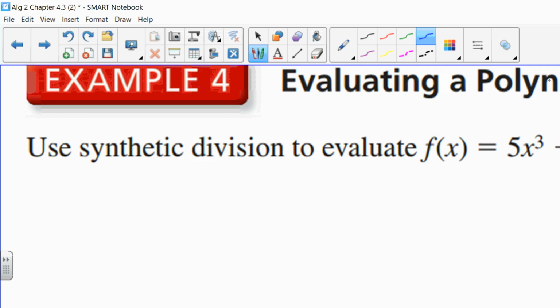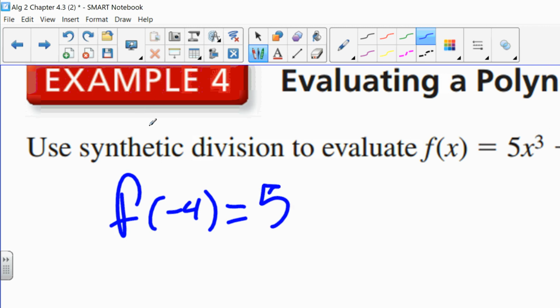All right, guys, one last thing we're going to look at, and that is evaluating a polynomial using synthetic division. This is the last thing we're going to look at today. When we talked about evaluating a polynomial, let's focus back in. What we would do is plug it in, because we evaluated polynomials earlier this week.